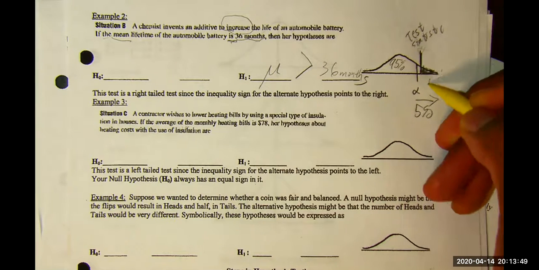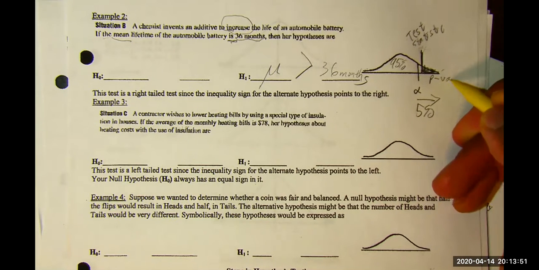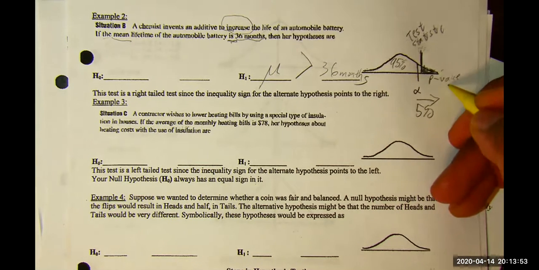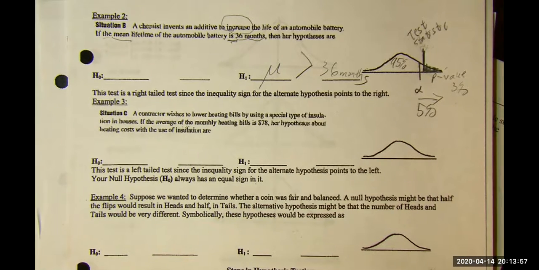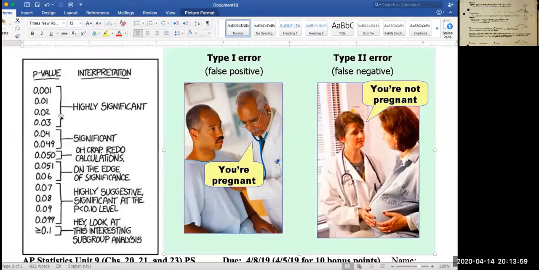And let's say our p-value would be somewhere around maybe 3%. So a p-value of 3% would mean it's highly significant. That would be based off of whatever test statistic we get from our sample mean and our sample size, our sigma divided by square root of n for our standard error.